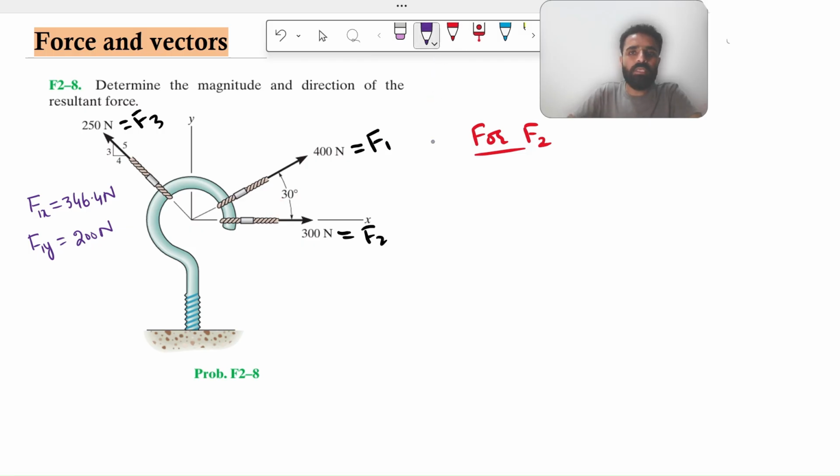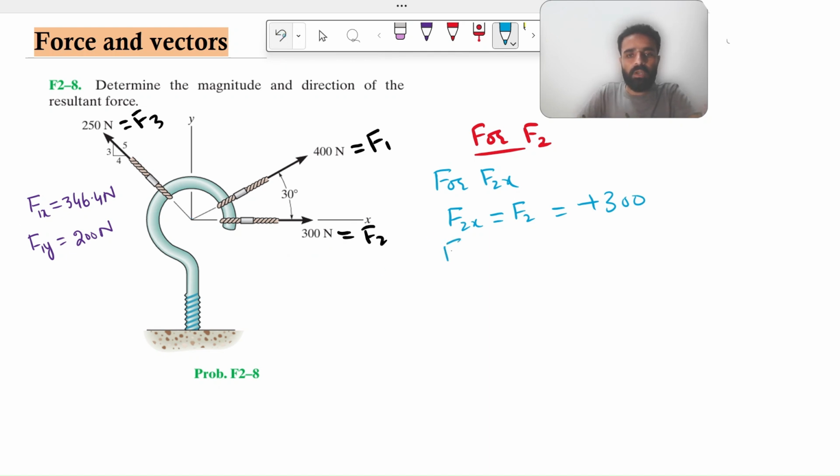So F2x is directly equal to F2, which will be positive 300 because it is acting from the origin to the right.